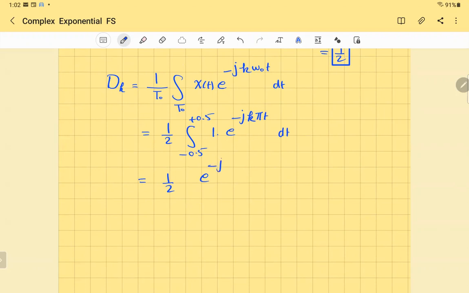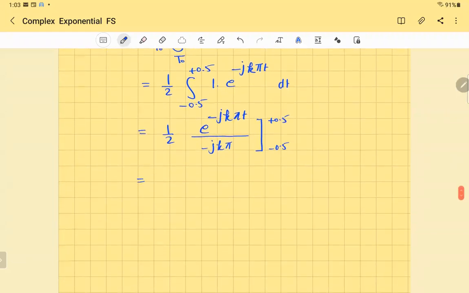So e minus j k pi t over minus j k pi, with the limit from negative 0.5 to positive 0.5. So I will take 1/2, and the 2 I multiply by this would be 2 j k pi.